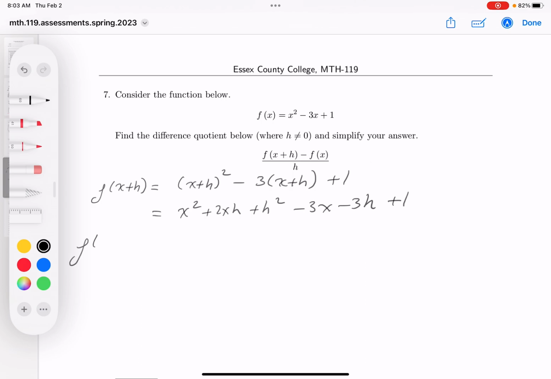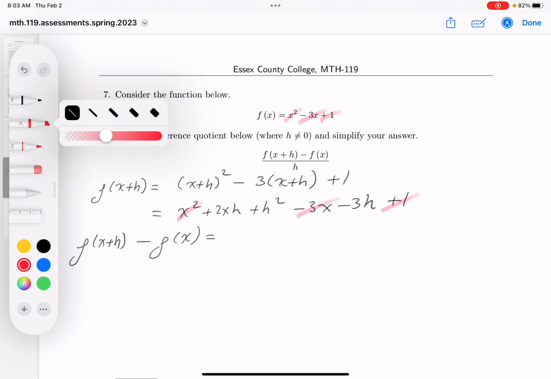Now we're going to do f of x plus h minus f of x. I'm doing it in pieces, and that doesn't look too bad to do, by the way. Really what I'm doing is taking this away, so I got that covered, and this is gone, and this is gone. And what are you left off with? You're left off with 2xh plus h squared minus 3h.